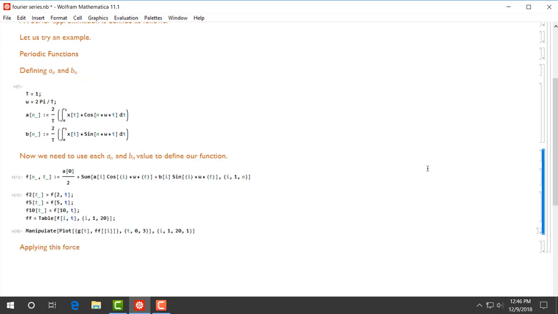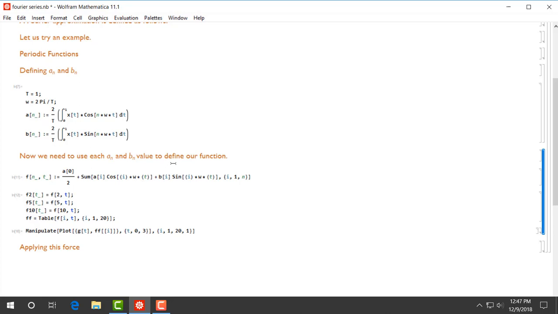Now we can use that function to define another function, which is going to be the Fourier series. So here I have a function f that takes n many terms and is a function of t. So you start with your first term, a0. We're calling upon the a sub n function. And then we're adding our a from 1 to n times the cosine of n times omega, all of that.